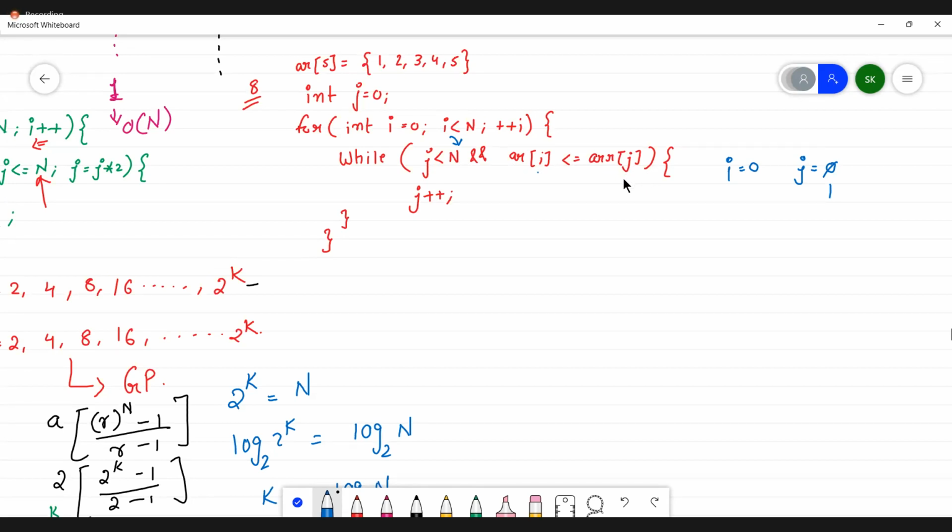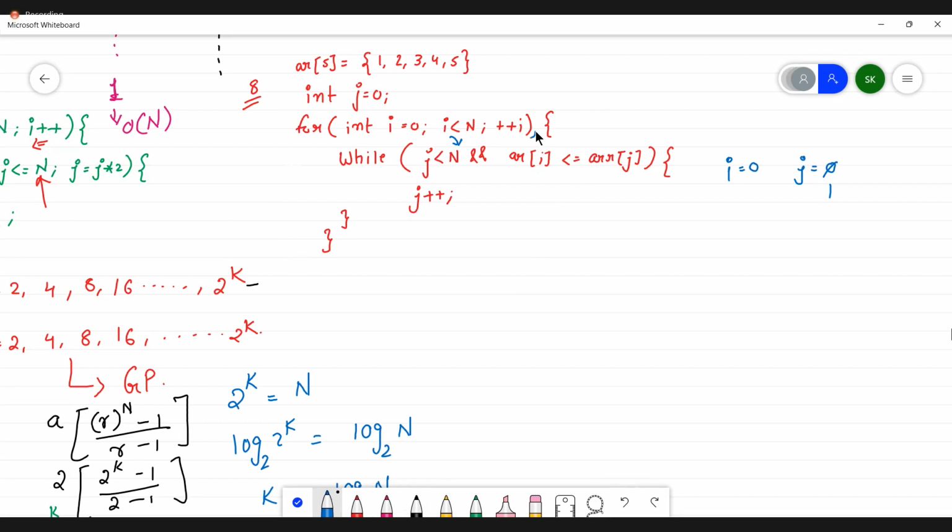Is it true or false? False. So it will come out and go again into the for loop. Everyone, are you able to follow this? Sorry. Yeah, my bad. And everyone else is sleeping. Thanks, Kishan.